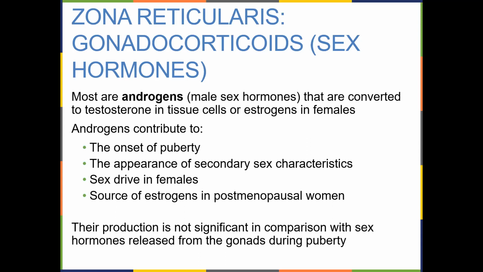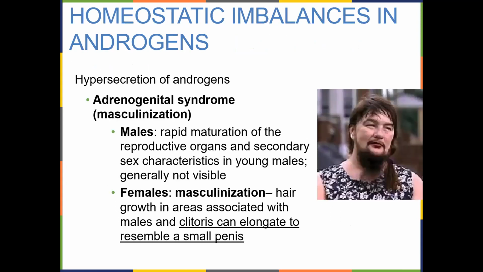So now, problems with this. Hypersecretion of the androgens. Overproduction of the androgens. In males, it's not a big deal because you'll always have that male patient who hits puberty earlier than most and achieves his adult body stature sooner than other males of his age range, and hits the secondary sex characteristics.